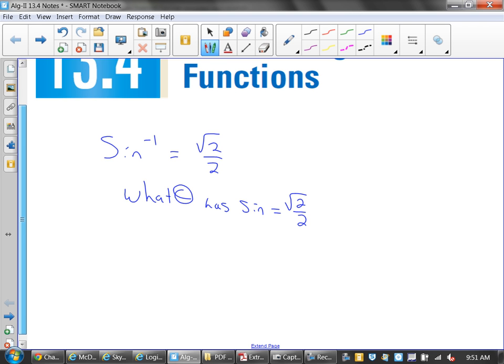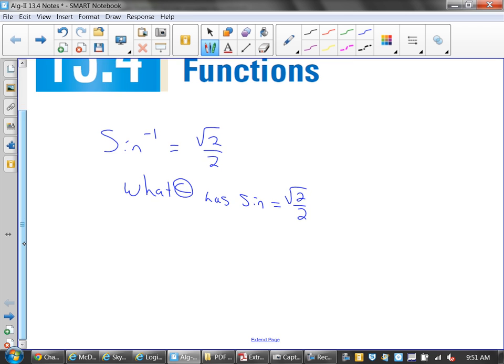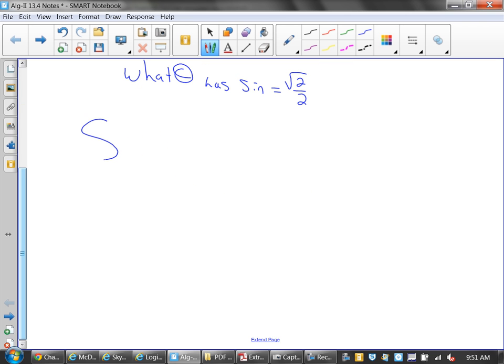So what we're going to start to think about here is more along the lines of where is sine positive? Because my answer here is positive. So think about when you're looking at the quadrants. Where is sine positive?